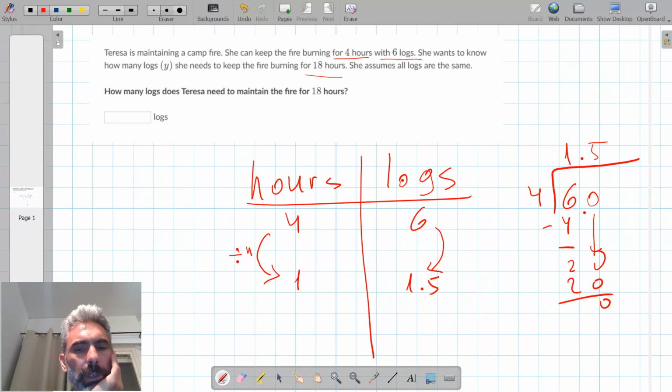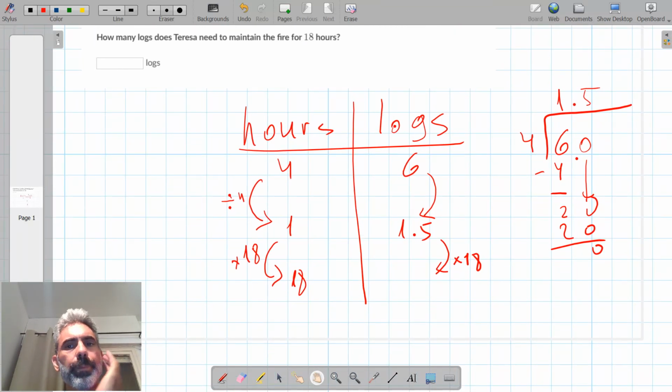Okay, so if I need to maintain the fire for 18 hours, I need to multiply 1 times 18 to go from 1 to 18. So I need to multiply 1.5 times 18 to know how many logs I need for keeping the fire for 18 hours.